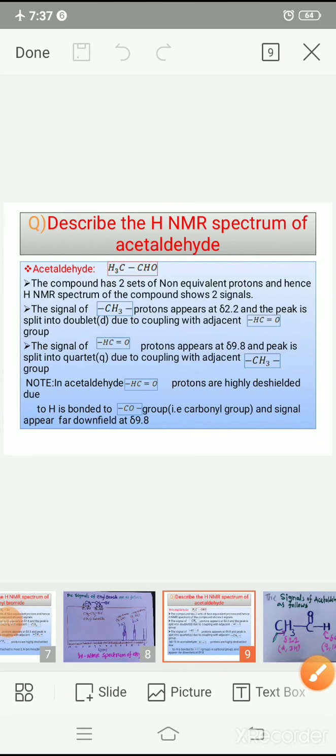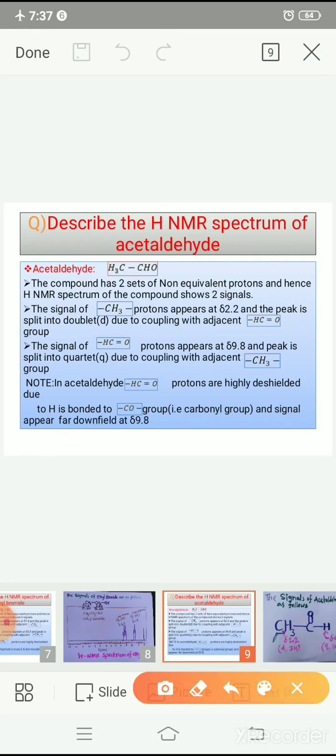Hello students. Now we are discussing a very important question. The question is, describe the HNMR spectrum of acetaldehyde. The structure of acetaldehyde, the formula of acetaldehyde, is CH3 C double bond OH.